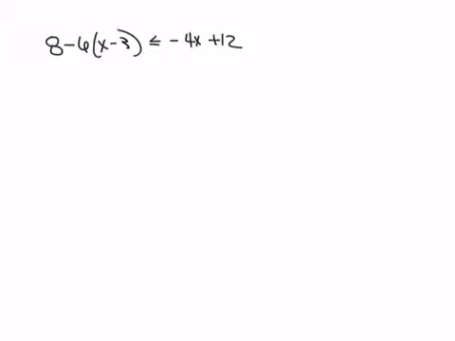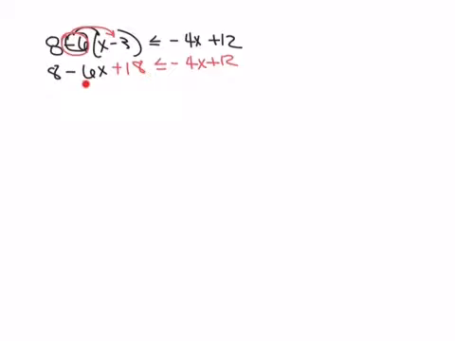Let's go ahead and distribute that 6. So I distributed negative 6 here and got negative 6x. Now I distribute this negative 6 times negative 3 and I get plus 18. All right, so what is the smallest x? I want to try to get my x's together.